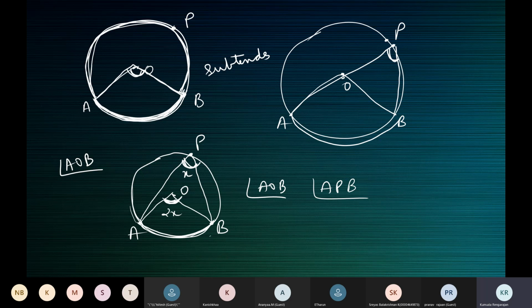This should be registered in your mind. I'm repeating for your sake. The theorem, the statement goes like this. The angle subtended by an arc at the center is double the angle subtended by the same arc at any point on the remaining part of the circle.